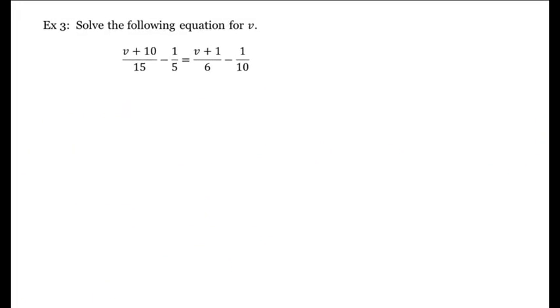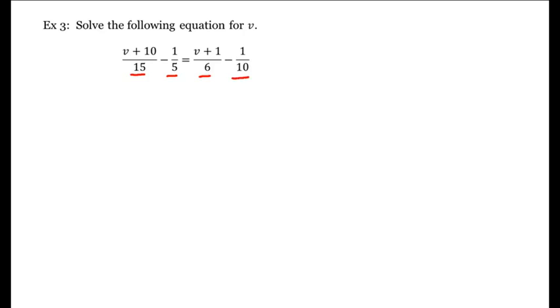Now this example is different in that we have these fractions here. There are different approaches to solving such an equation, but the approach that students seem to like best is to find the least common multiple of these denominators, so we can multiply both sides of the equation by that least common multiple to eliminate the fractions.